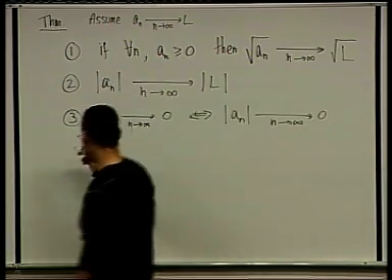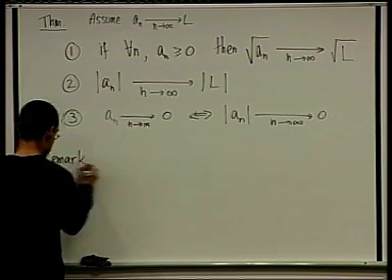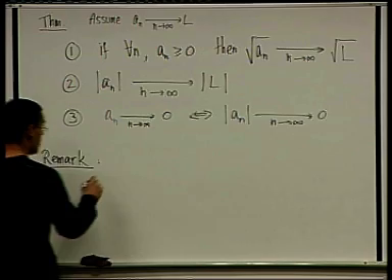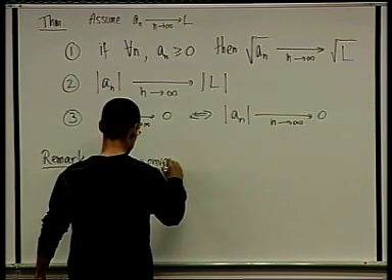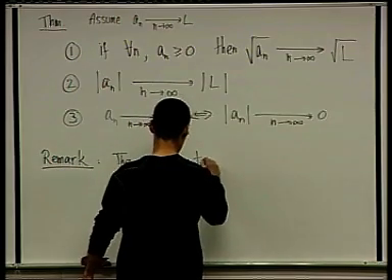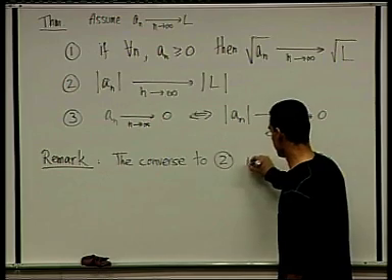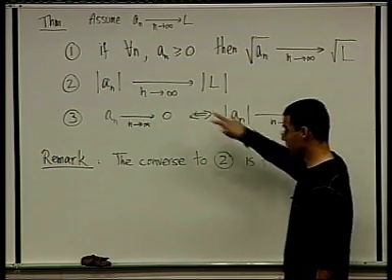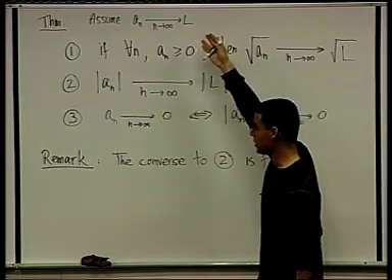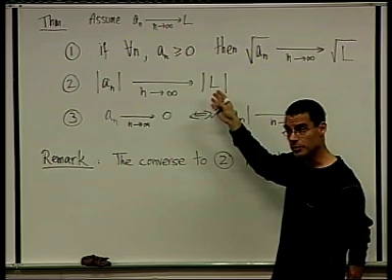And then the remark is that in general, if L is not 0, then the converse to number 2 is false. So 2 said, you know that a n goes to L, then a n in absolute value goes to L in absolute value.